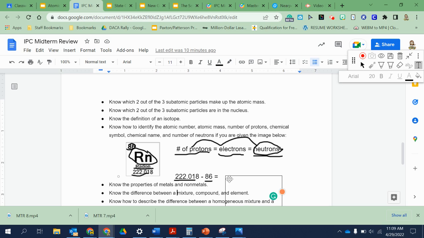So this is 136.018. Right. So right here, again, if you would have just gone with this and said 86, you would have been wrong. In this case, because it's an isotope, you have 136.018 neutrons. Right. So make sure that you know that.